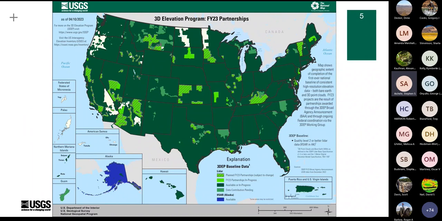So, just a 3DEP status slide. This is as of earlier this month, and we are rapidly filling in this map. Some of these are actually recollects in a few areas. Most of the eastern U.S. is looking really good. A few patches in the west still need to be acquired, but we're rapidly approaching completion on 3DEP.